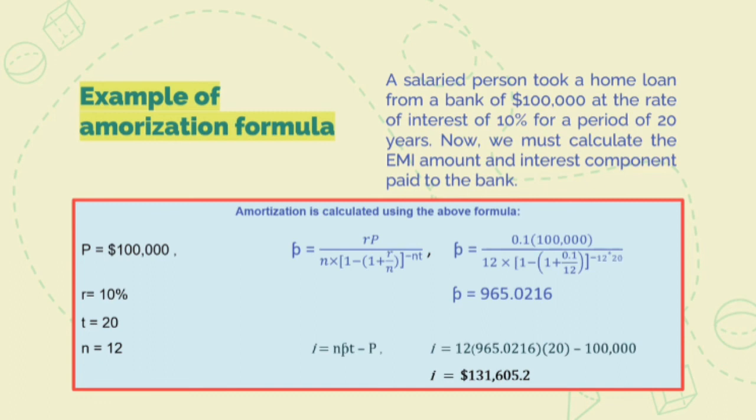Then 1 minus 1.0083, then 12 times 1.0083, after that to the power of negative 12 times 20. So the total is 965.0216. For the interest, n times EMI amount times term in years, then minus the principal amount.